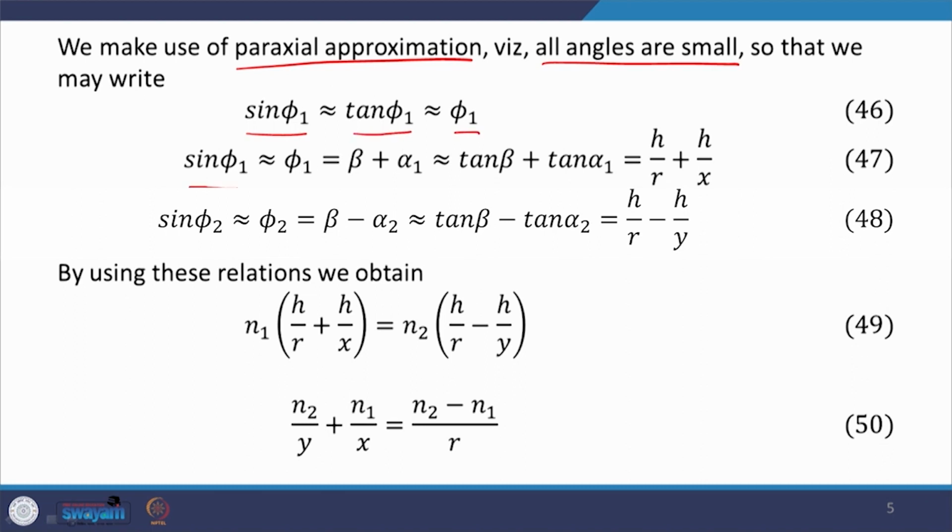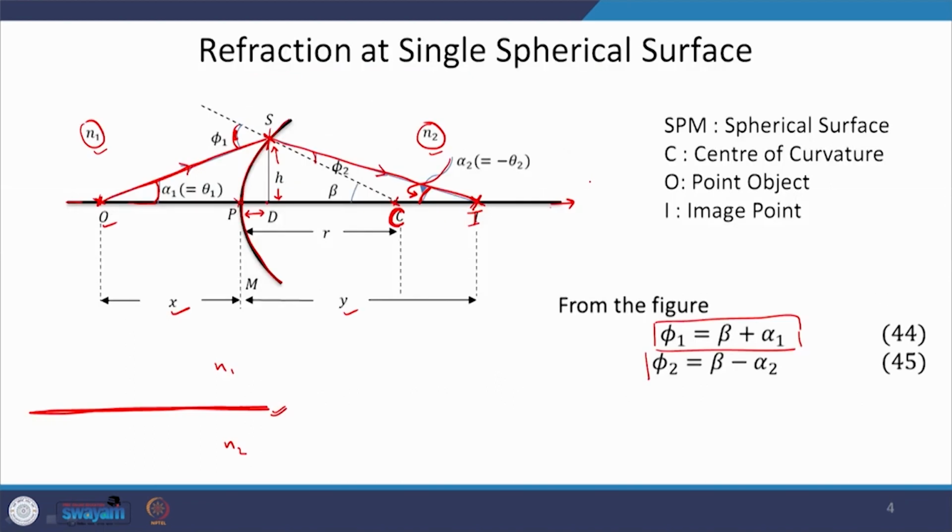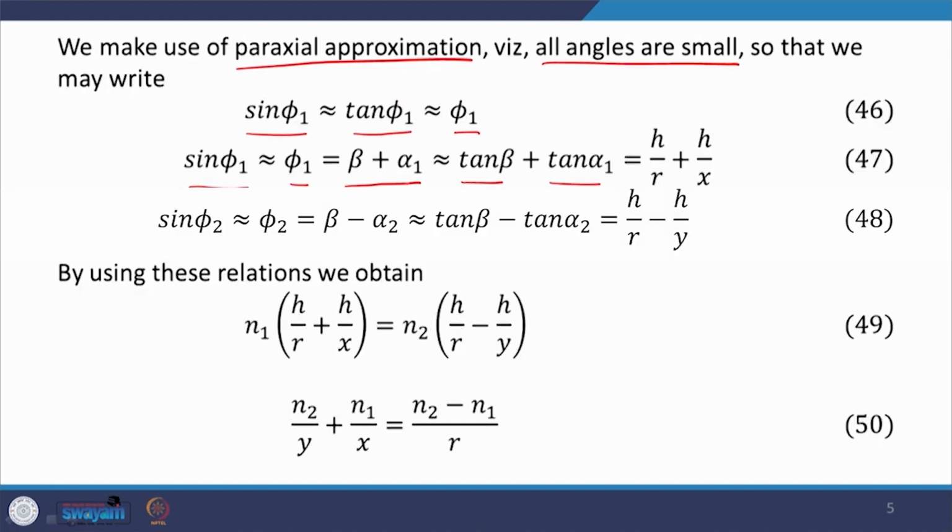Since phi 1 is equal to beta plus alpha 1, as we saw in the previous slide, we can write that phi 1 is almost equal to tan beta plus tan alpha 1.